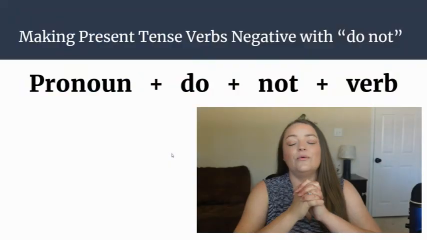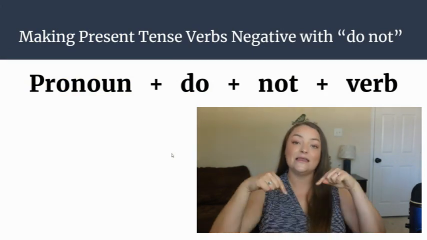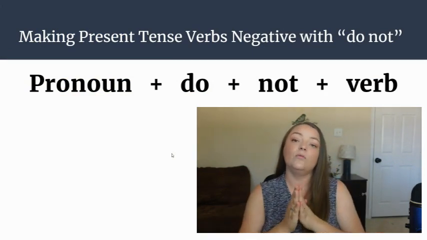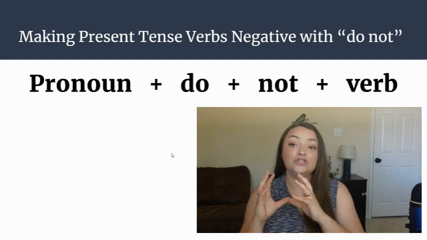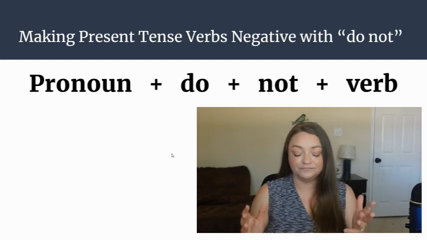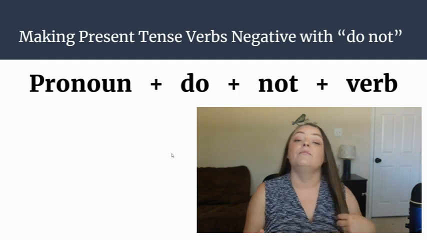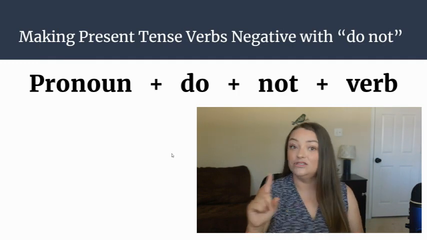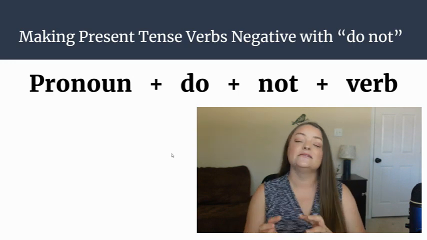Okay, so when we're talking about the present tense, we're talking about right now. When we want to make a verb negative, we add do, right? So I can say, I like cheese, but if I want to say, I do not like cheese, I need to add that do and that not.